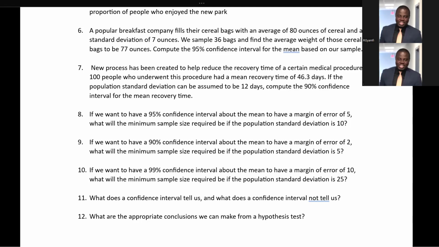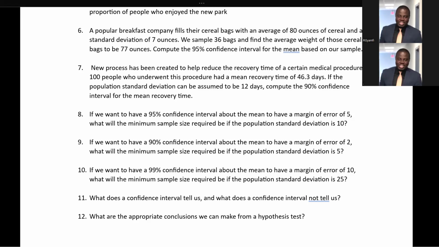In number 6, a popular breakfast company fills their cereal bags with an average of 80 ounces of cereal and a standard deviation of 7 ounces. Right there in this sentence, the average of 80 ounces is the population mean, because there is no sample attached to it. So it's just the general, right?